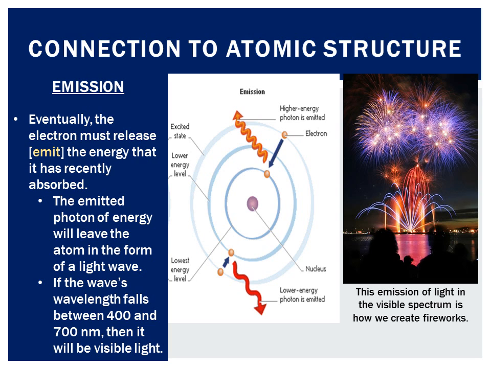And this is exactly how we observe the different colors in fireworks. The energy that's put into the fireworks causes the electron to go to a higher energy level, and when it drops down to a lower energy level, we see the beautiful colors of the fireworks.